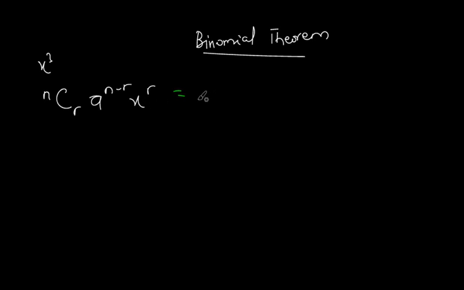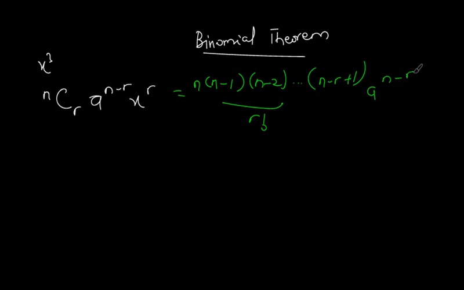This simply means n times (n minus 1), times (n minus 2), down to (n minus r plus 1), all divided by r factorial, then a to the n minus r, x to the power r. I know this still sounds confusing, so let's have a look at a practical example.